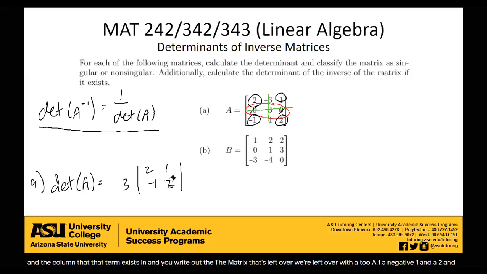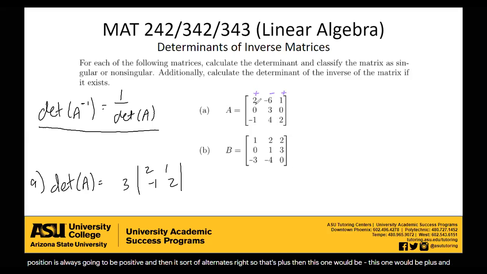And then the last step is to decide what sign you're working with, whether it's plus or minus. If you recall, the top left position is always positive, and then it alternates. So that's plus, then this one would be minus, this one would be plus.